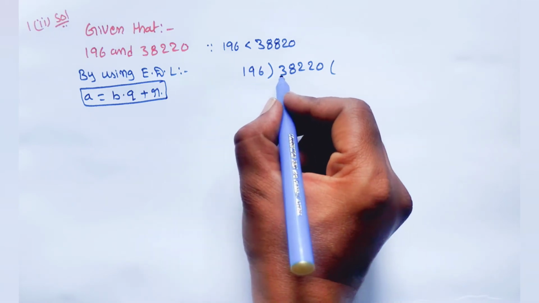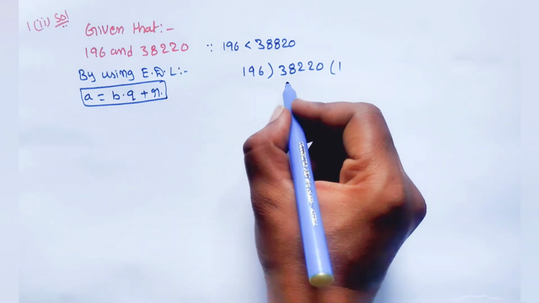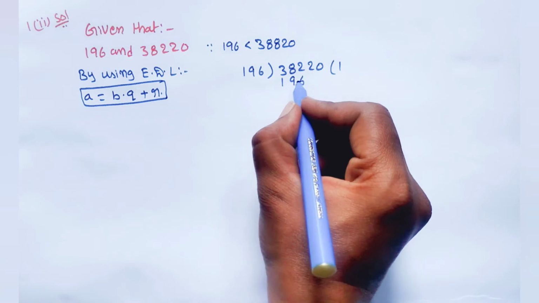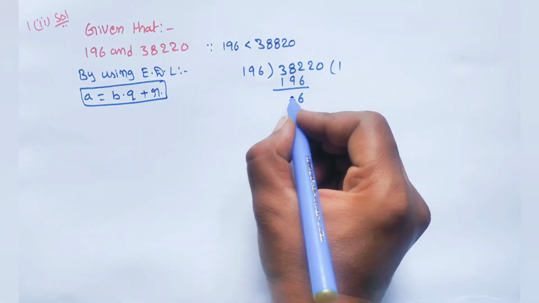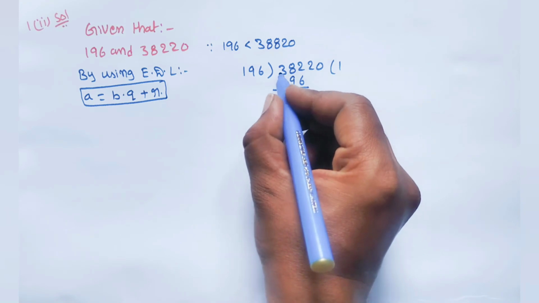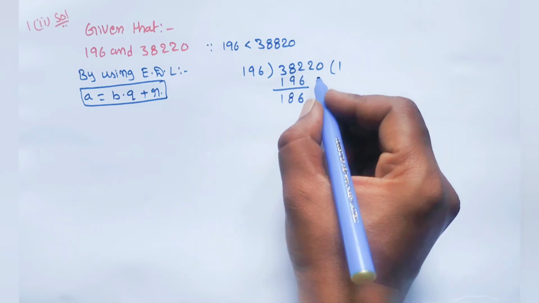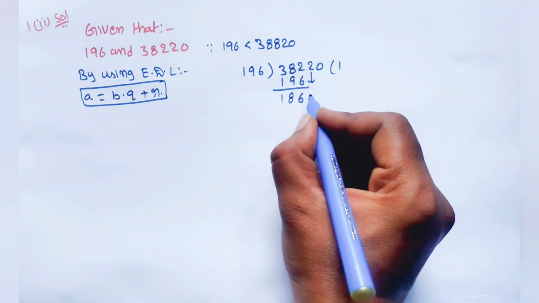So 196 ones are 196, 12 minus 6 is 6. Now 17 minus 9 is 8. Take 2 minus 1 is 1, down 2 as usual.